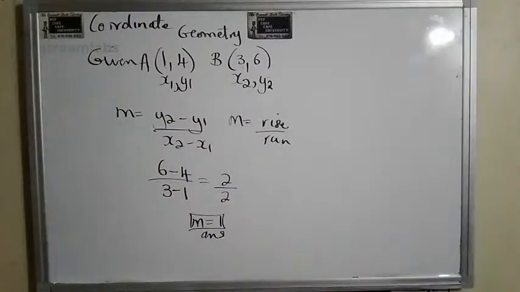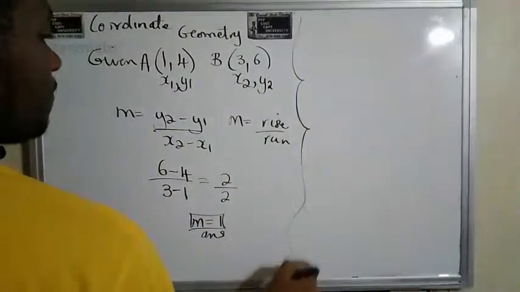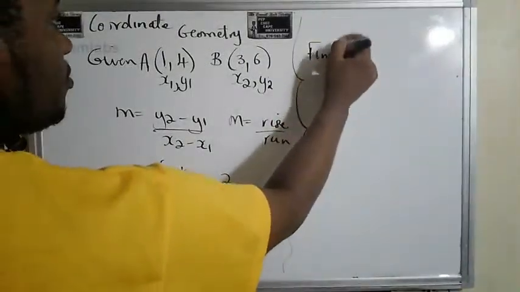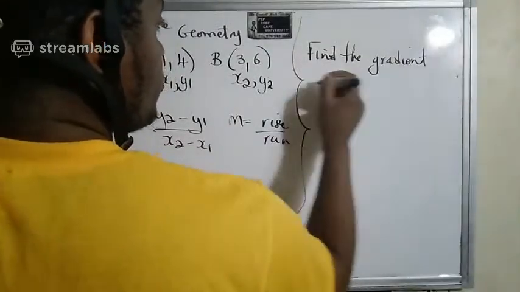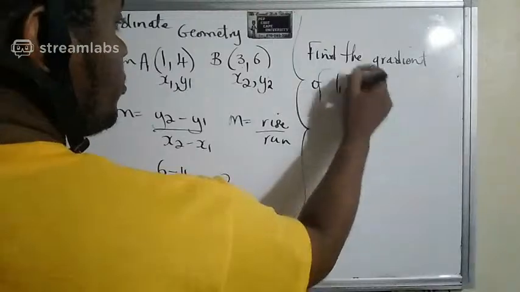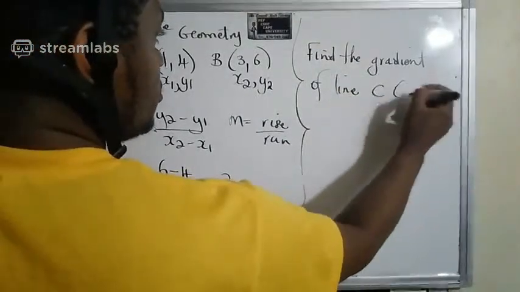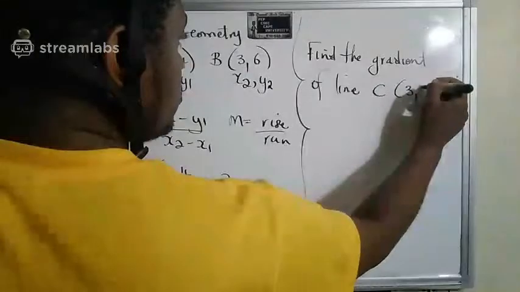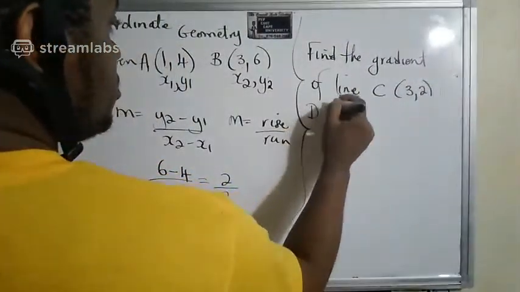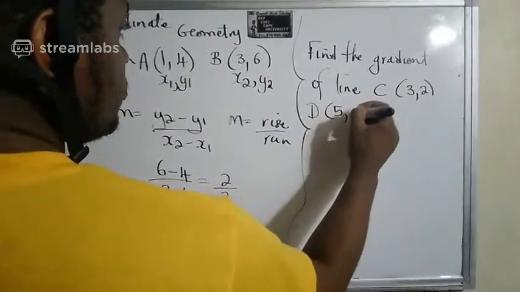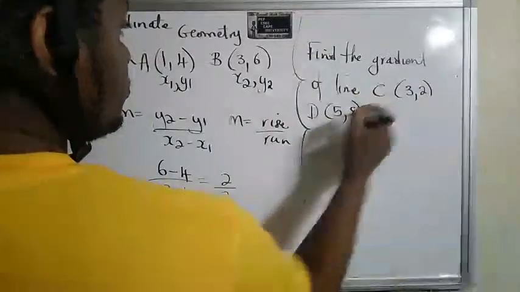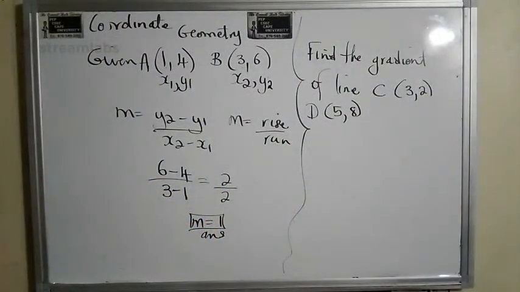Now I want you guys to try this one for me. You're going to find the gradient given these 2 points. Call it C and point D. Alright, so you guys go ahead and find the gradient.